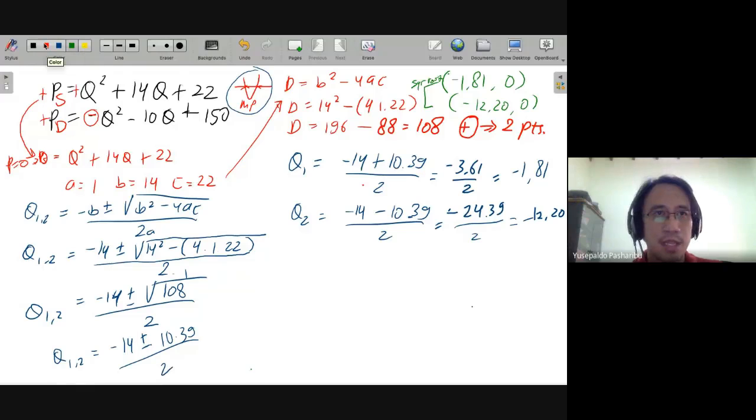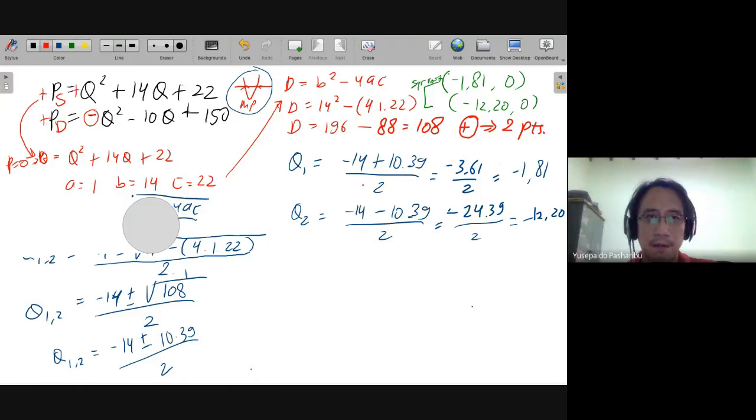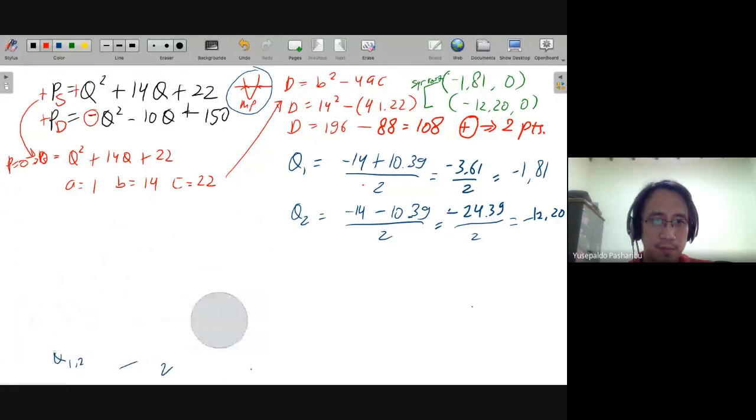And then let's find out the maximum point using the formula. Maybe I just erase this part. Let's check the maximum point.